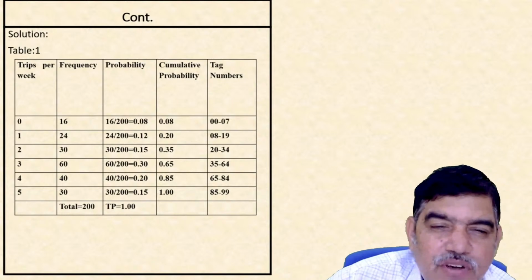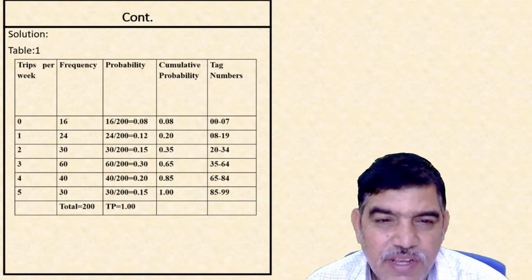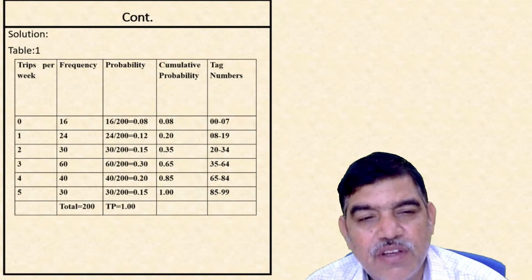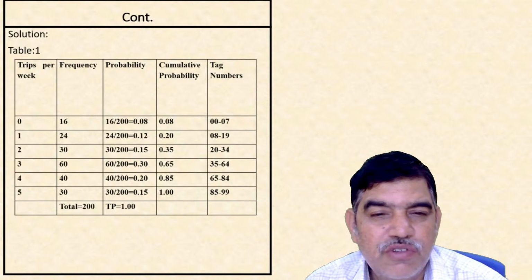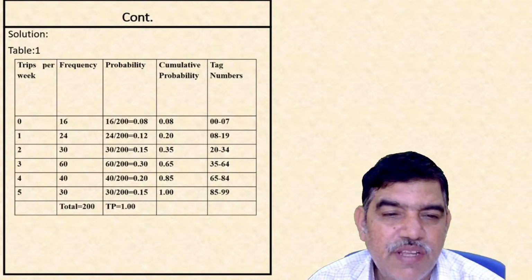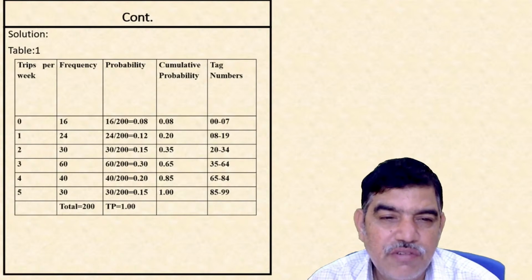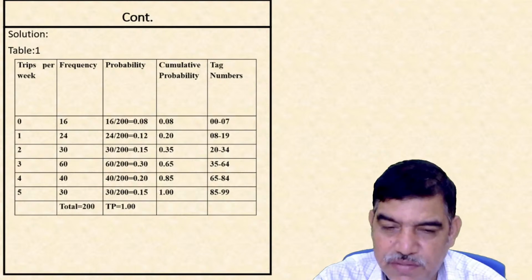Then tag numbers or random numbers. We have to generate the interval of the random numbers. When the cumulative probability is 0.08, the interval is 00 to 07. When it is 0.20, the interval is 8 to 19. In this way, we calculate all the tag numbers.